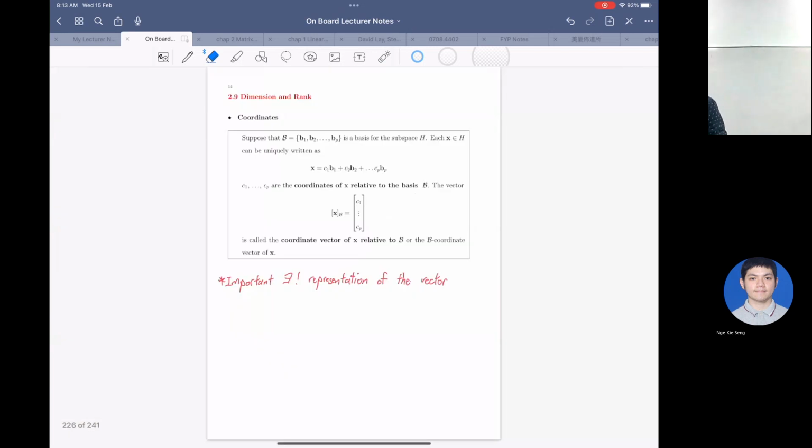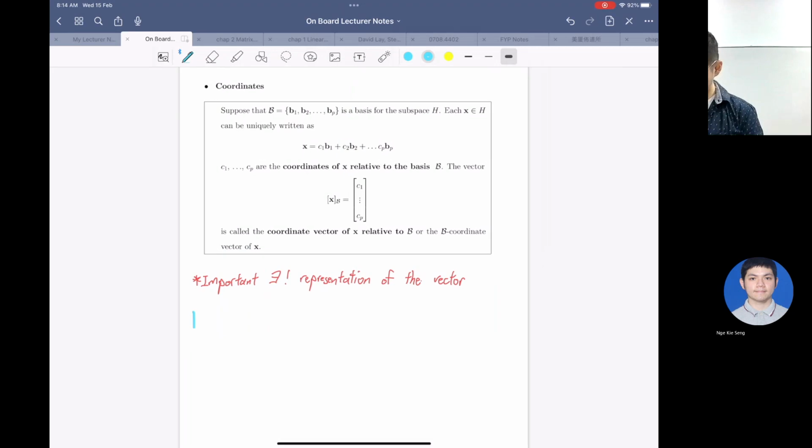Okay, so let's resume from yesterday. Yesterday we said that if we start with a basis, immediately in your mind you can form some basis. For example, in R2, have some basis in your mind, for example the standard basis 0, 1 and 1, 0.